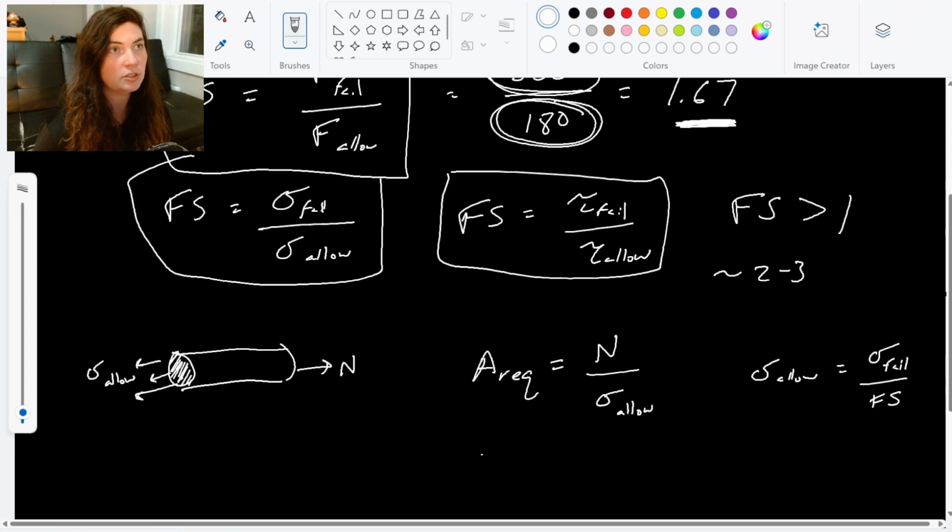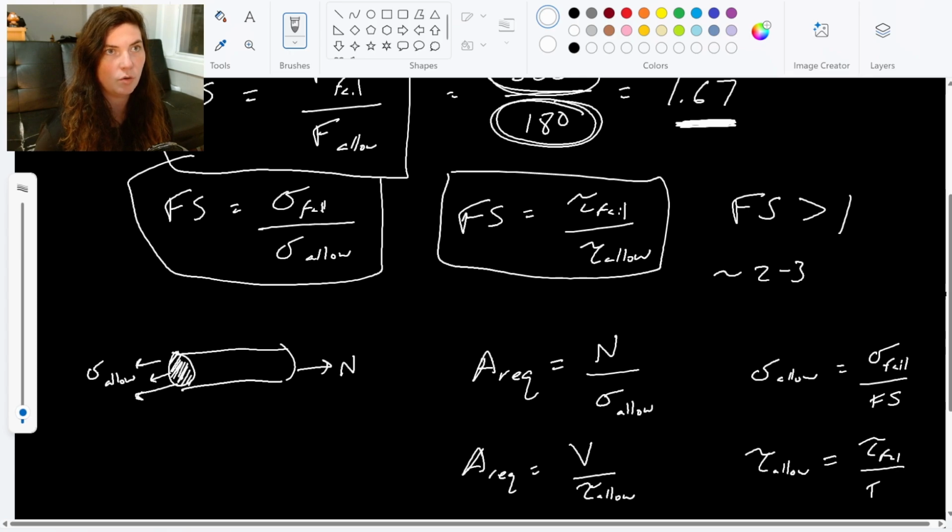And same with my shear stress, right? I can have an area required for my shear force and my allowable shear stress, where tau allowed is tau failure over that safety factor.